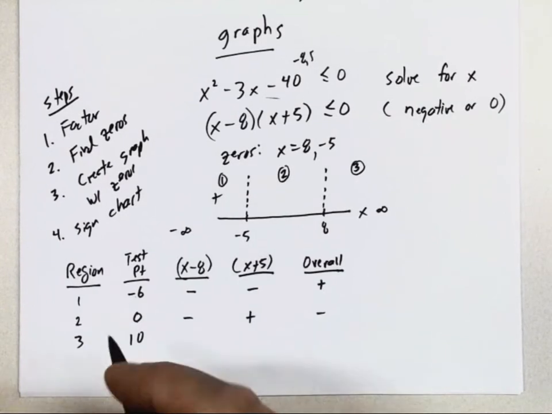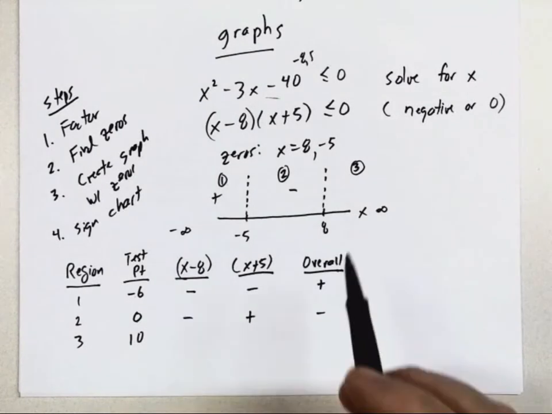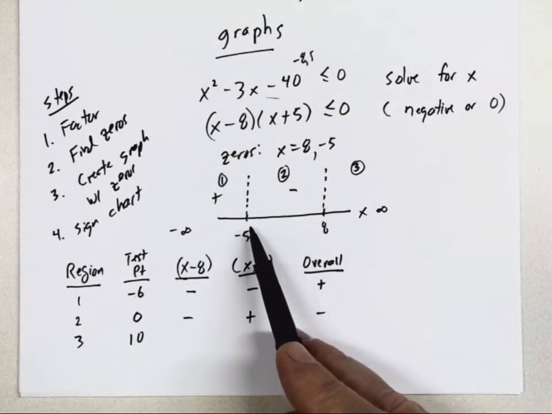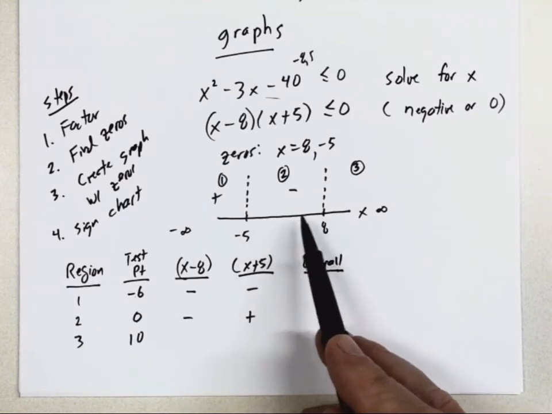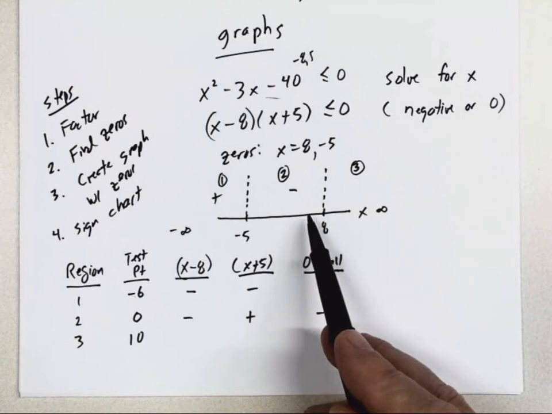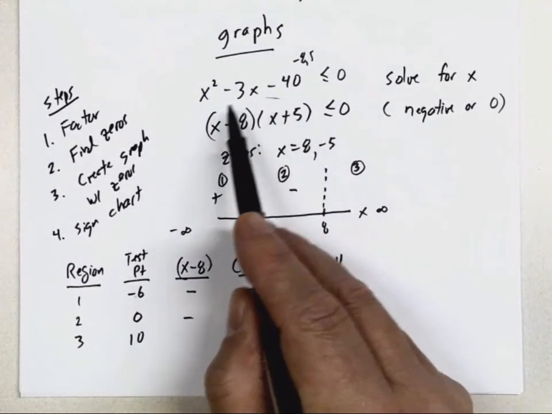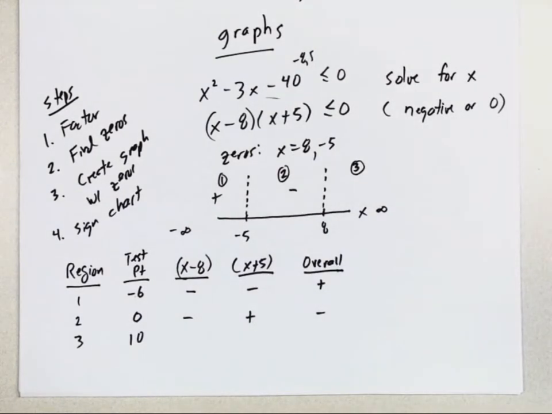I have just now determined that region 2 is a negative region, which means any value of x I choose between negative 5 and 8, so I can choose negative 3, 0, 1, 5, 6, 7, all those values of x, when I plug them into my expression, will give me a negative result. So I say it's a negative region.